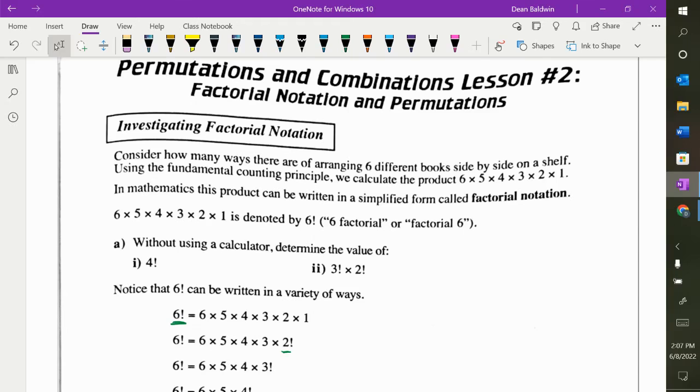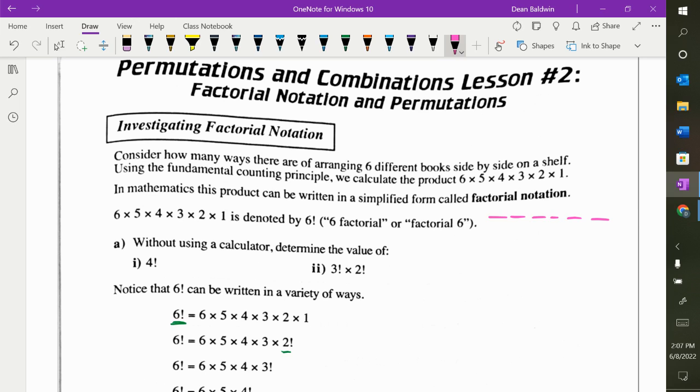All right, so we're learning a new form of notation today called factorial notation. Yesterday we learned that if I have 6 objects and I want to select 6 of them and put them in order, I have 6 spots for 6 objects.